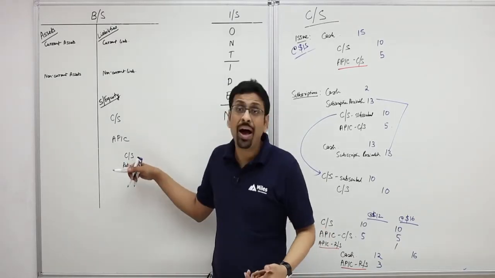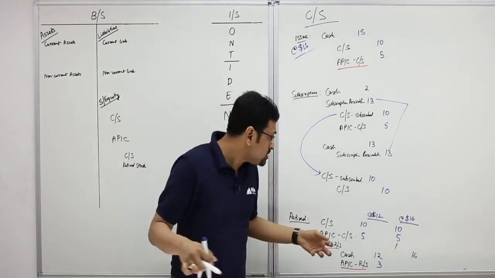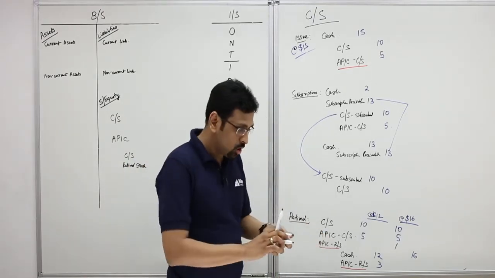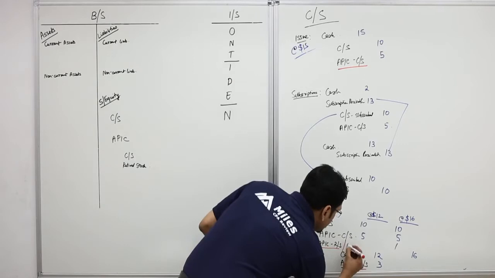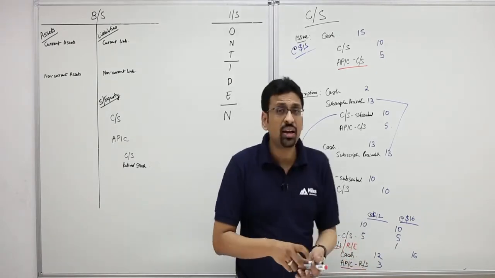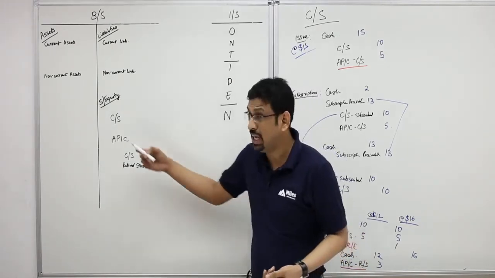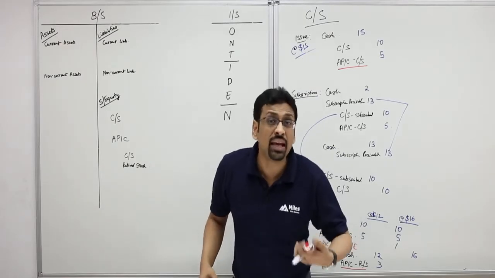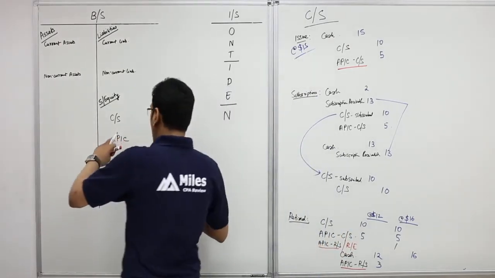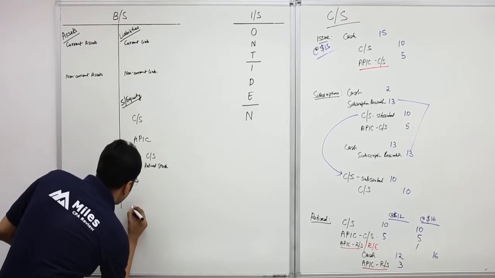But if there is no balance for retired stock, then instead of debiting APIC retired stock, we would debit retained earnings. Because retained earnings could have a debit balance, but APIC, additional paid in capital, cannot have a debit balance. So after APIC, we're going to have retained earnings here.